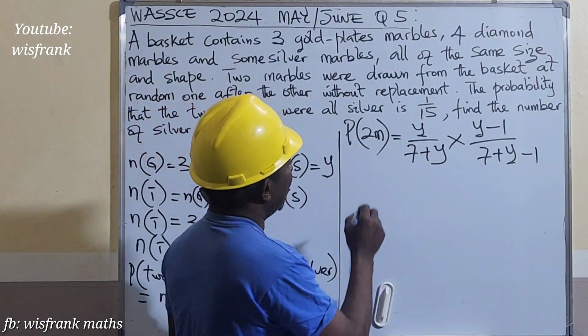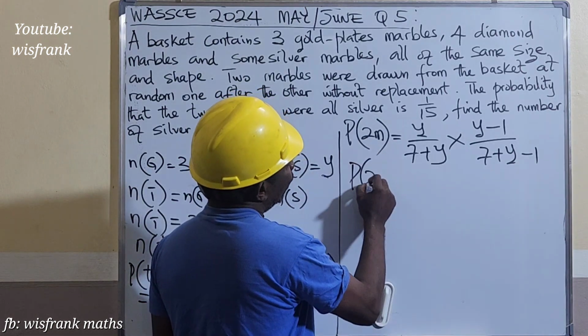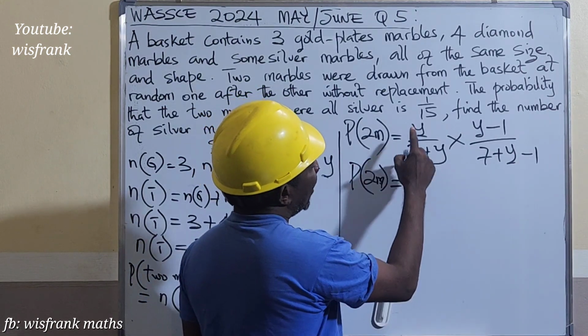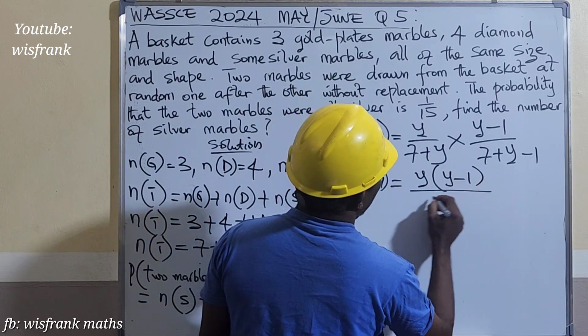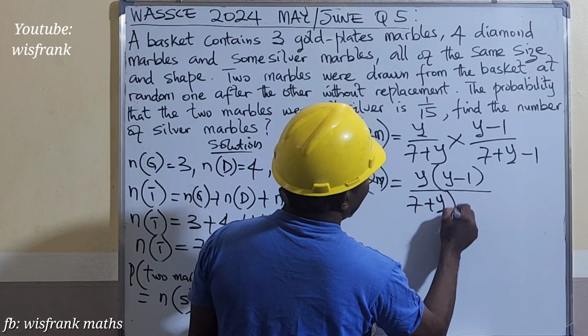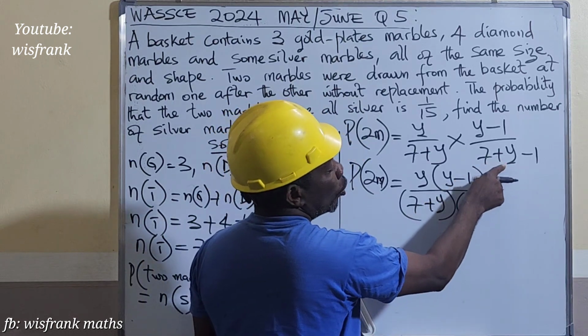By multiplying this out, the probability of the 2 marbles picked being silver gives us Y times Y minus 1, over 7 plus Y times 7 plus Y minus 1.